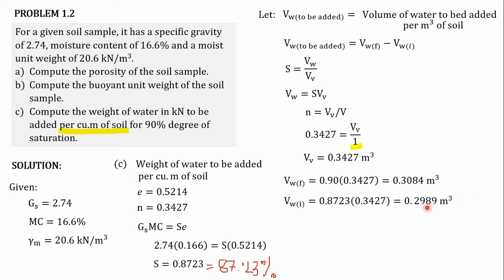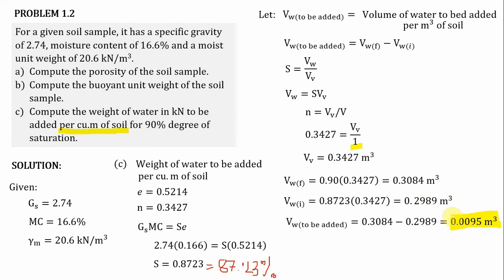Okay? And then, the volume of water to be added is equal to, okay, 0.3084 minus 0.2989 is equivalent to 0.0095 cubic meter. So, ito yung volume of water, okay? Ito yung volume of water na dapat nating i-add, okay? Para yung degree of saturation niya is from 87.23% to 90% degree of saturation para ma-aim natin yun.